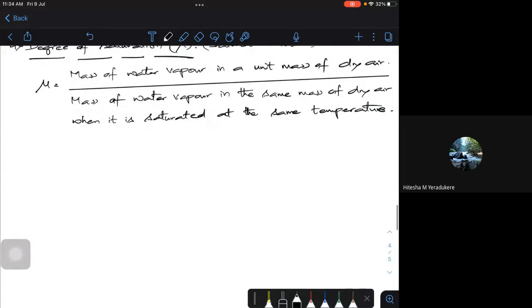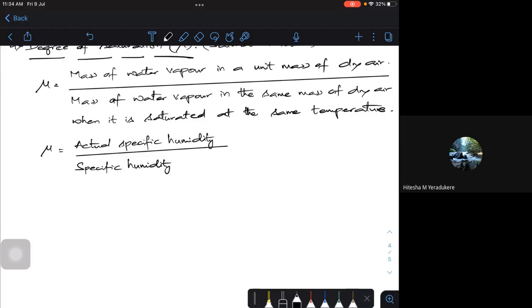I can write it as mu is equal to the ratio of the actual specific humidity, because that is mass of water vapor to mass of air, to the specific humidity at saturated conditions at the same temperature.